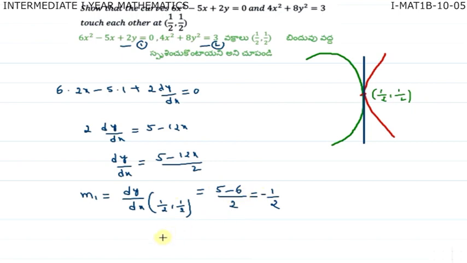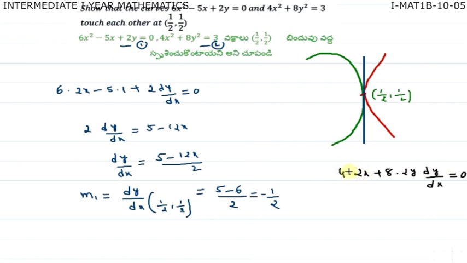To get m2, differentiate with respect to x both sides. So again that is 4, x square derivative is 2x, plus 8 constant, y square derivative is 2y, dy by dx is equal to derivative of constant is 0. So overall I can cancel the constant terms.